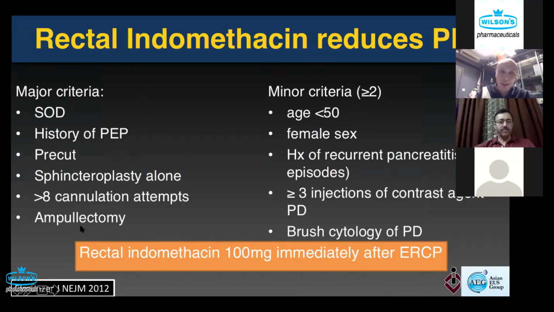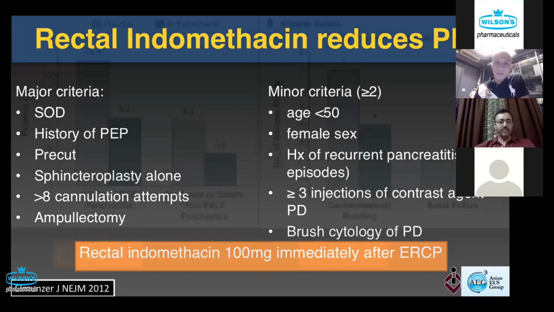They recruited patients with the major criteria that I've mentioned just now, or those who have minor criteria, which is having 2 or more of these criteria: age less than 50, female sex, recurrent pancreatitis, and so on, as potential inclusion criteria.